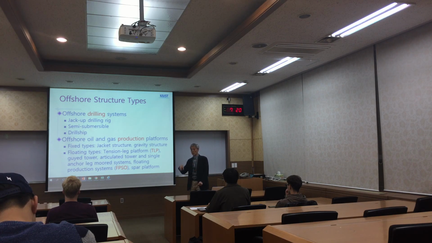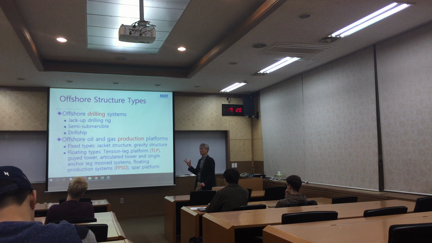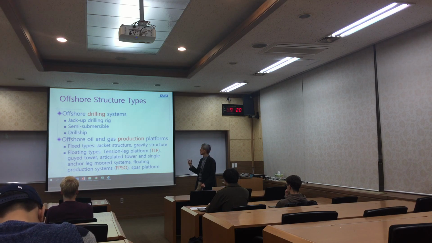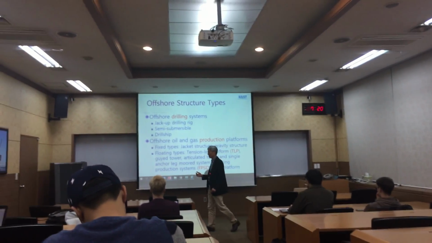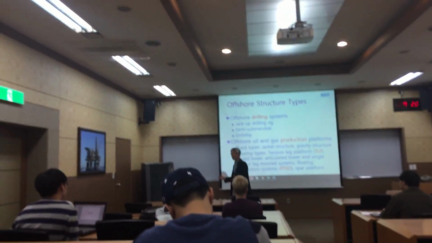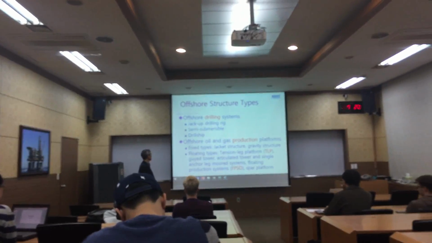And drill ship is for deep water. That is only floating type. Semi-submersible is in between, but is almost floating type. A different style. But nowadays, more and more deeper sites are being developed, so they prefer to build drill ships. That is the trend nowadays.